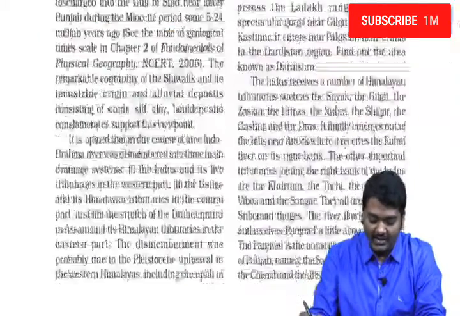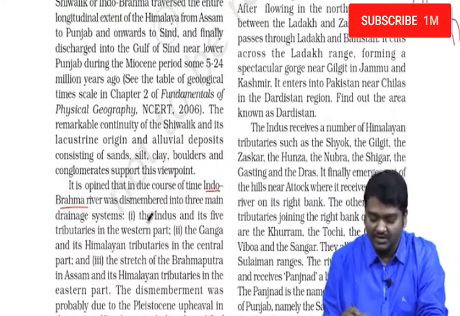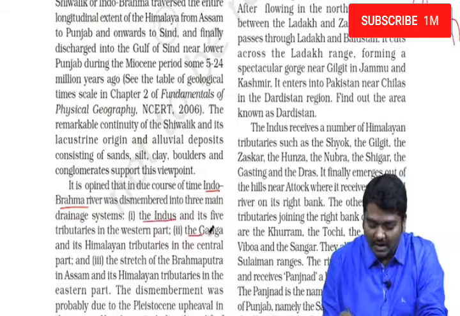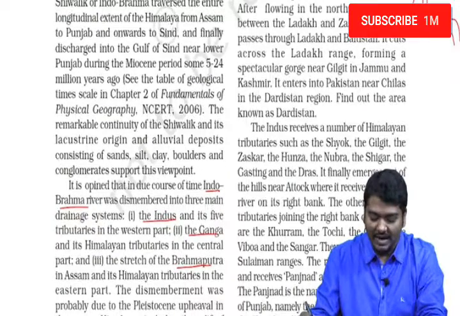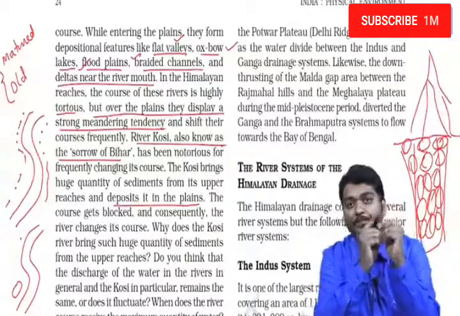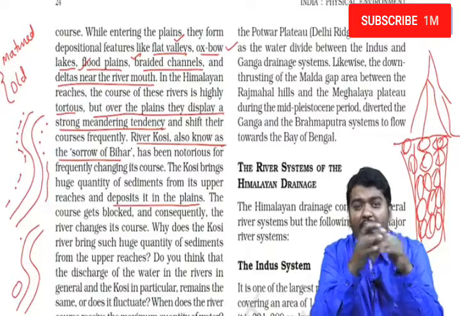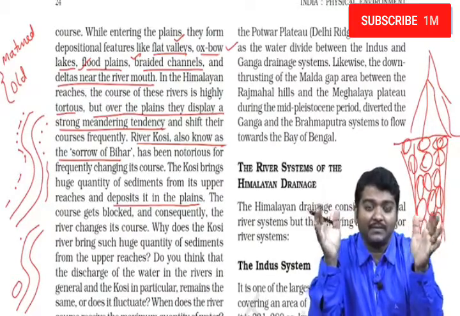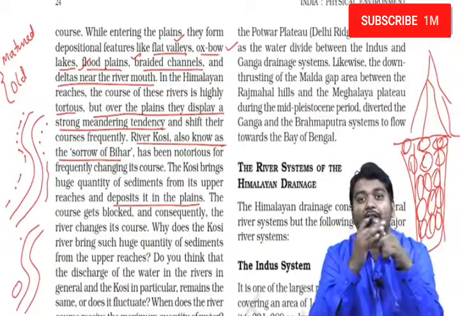If we are actually considering the Indo-Brahma river system, we are distributing it into Indus, Ganga and the Brahmaputra. So let us see what exactly are these. Here, when they talk about the evolution, they say that the entire Indo-Brahma system, that is Indus, Ganga, Brahmaputra, was together.